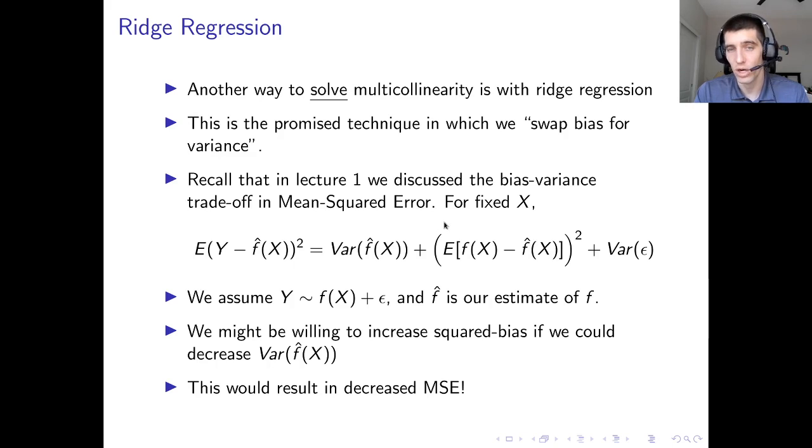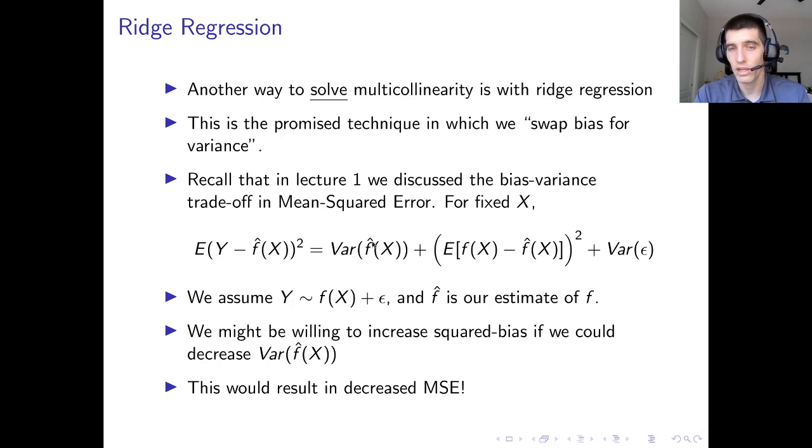But when we swap bias for variance, the idea is that we would be willing to give up a little bit of bias in exchange for lowering our variance, and we hope that we could reduce our MSE, our mean squared error, overall. Because remember, way back in lecture 1, we talked about how mean squared error can be decomposed into squared bias plus a variance term plus some irreducible term, the variance of epsilon.